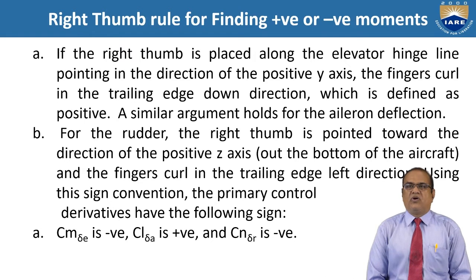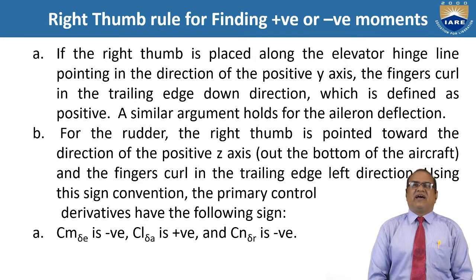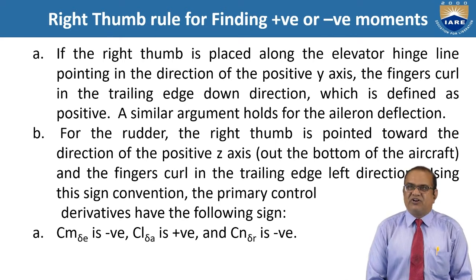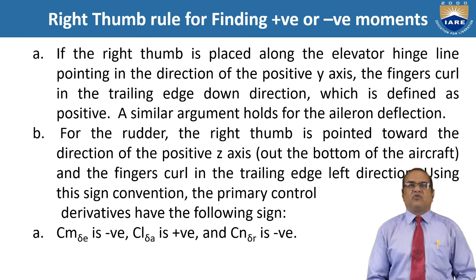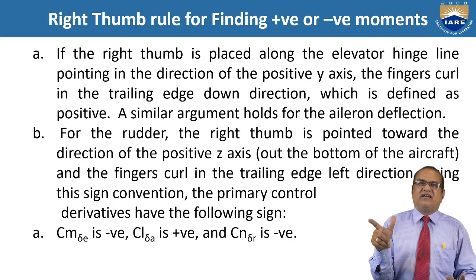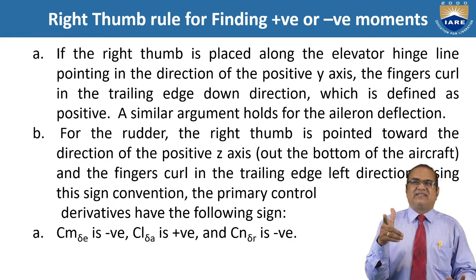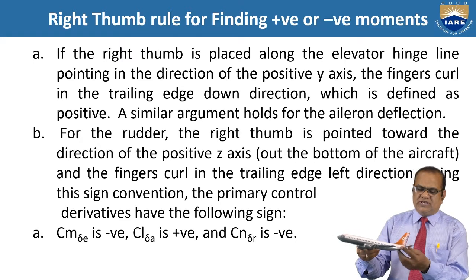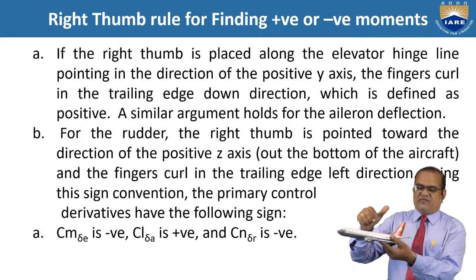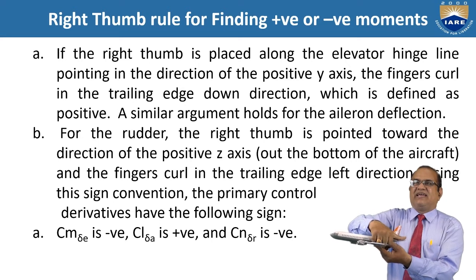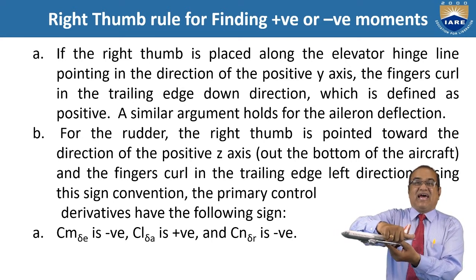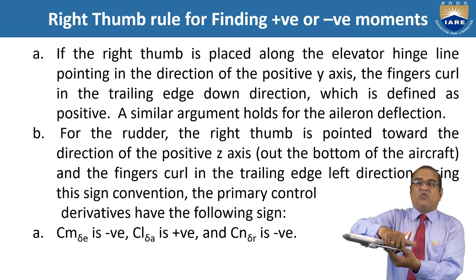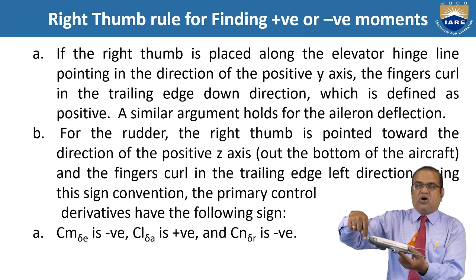Now we can follow the right thumb rule for finding the positive or negative moment. If you see here, the right thumb is placed along the elevator. This is the elevator. So I place the thumb in the line pointing in the direction of the positive y-axis, so this is the positive y-axis.